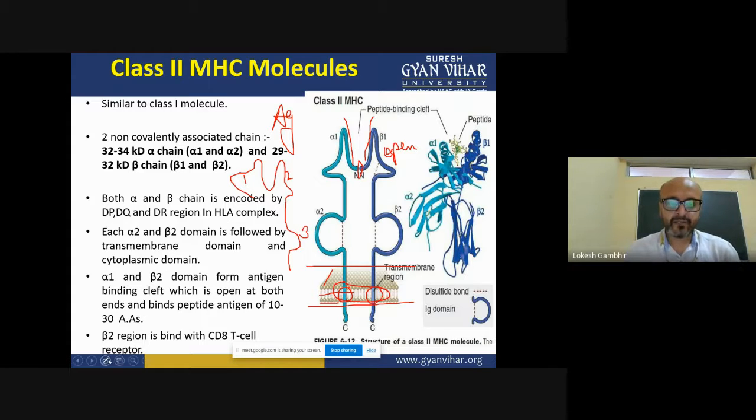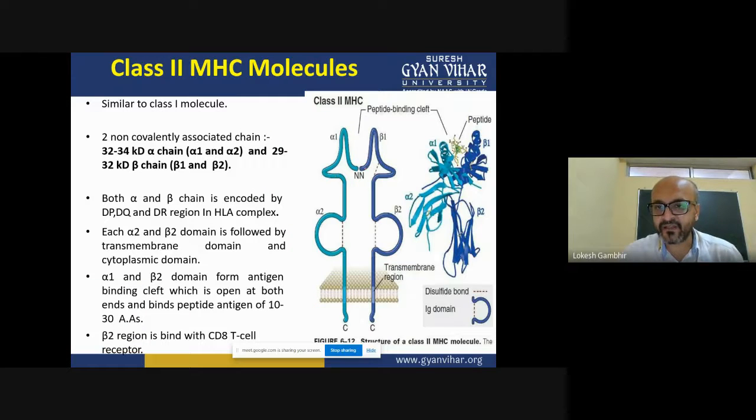See, let me erase the ink here and let us understand. If it is open, and suppose this is my peptide, this long, my peptide will be coming and it can penetrate in from this cleft to the down part and it can attach in this form.